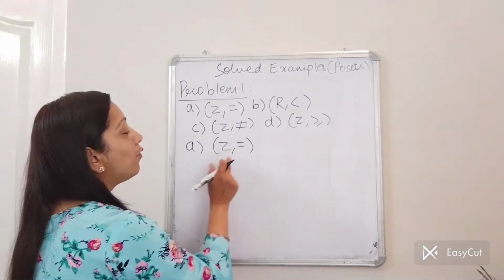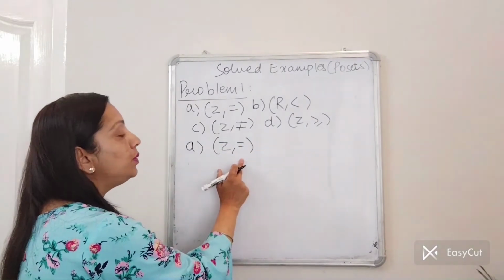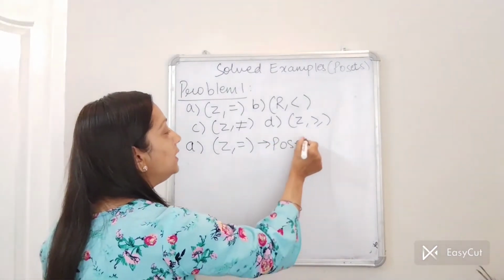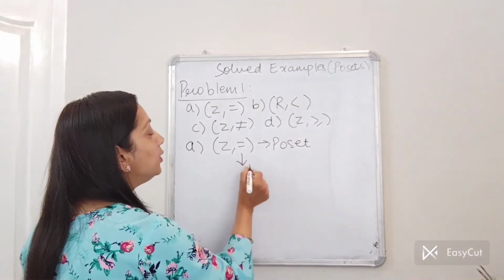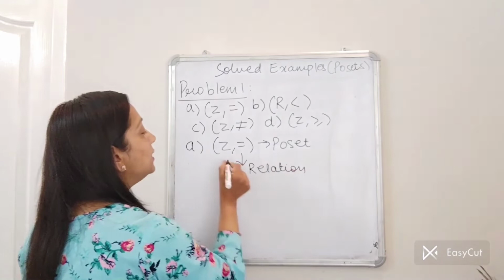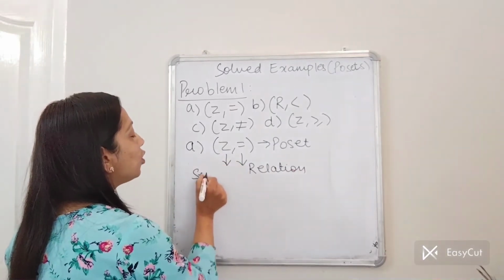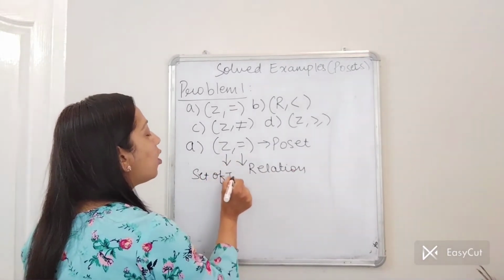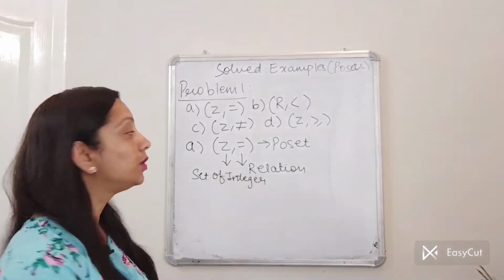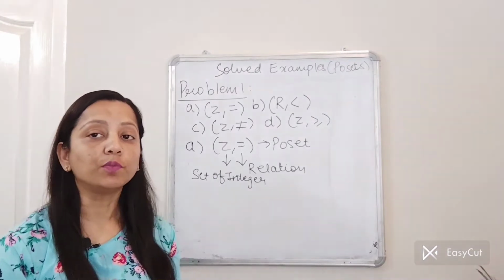Now for Z comma equal to to be a poset, the relation here is equal to, and Z is the set of integers on which this relation is formed. We know that a relation is always formed on some set.